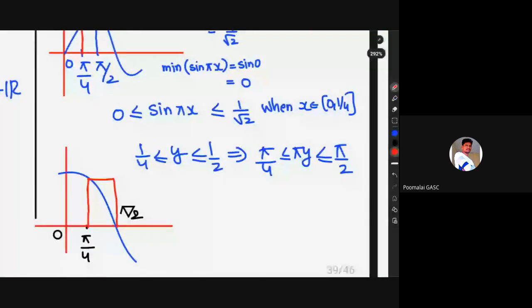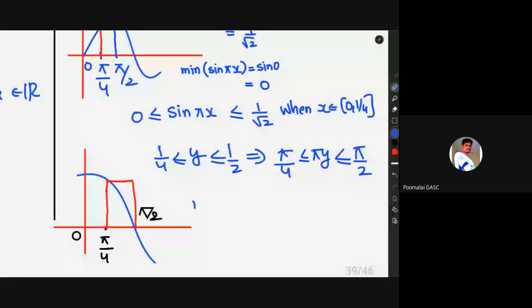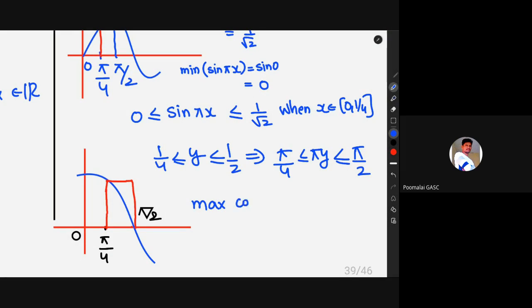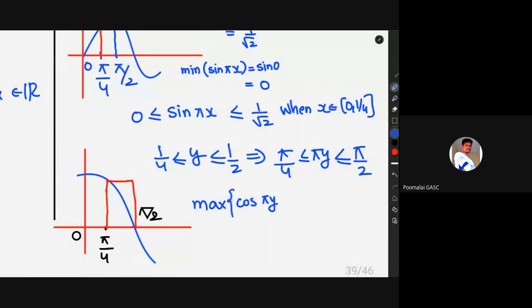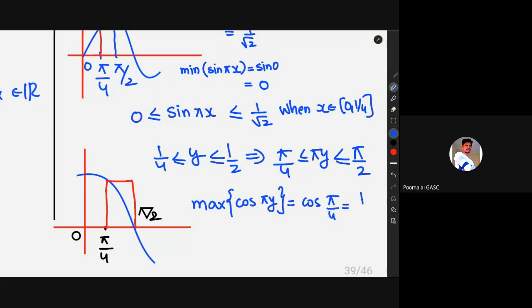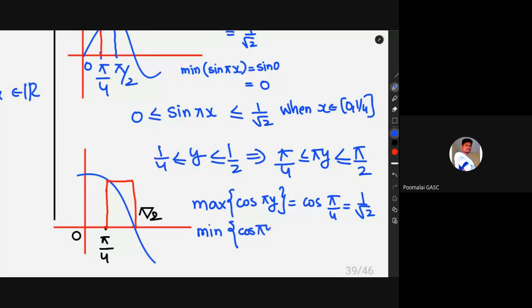So in this box part, we again find the bound. What is the maximum of cos pi y when y is varying in this range? It is cos pi by 4, which is 1 over square root of 2. And the minimum of cos pi y is cos pi by 2, which is 0.